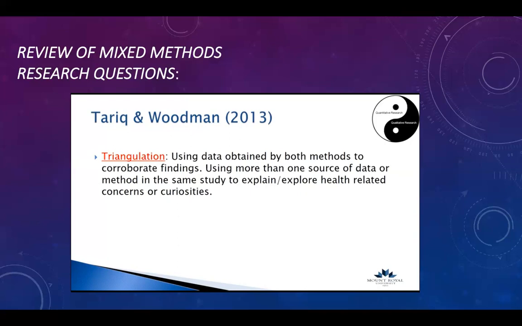For example, we could conduct a clinical study measuring drug levels in adolescents with epilepsy and also have them document their self-reported adherence. And then qualitative methods such as a diary may be able to confirm those adherence levels.